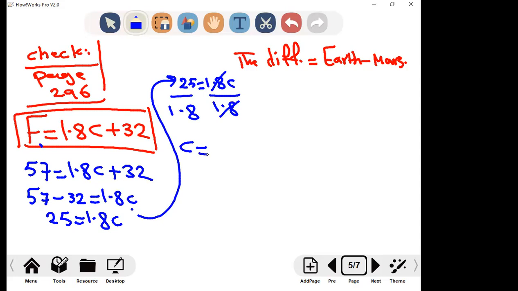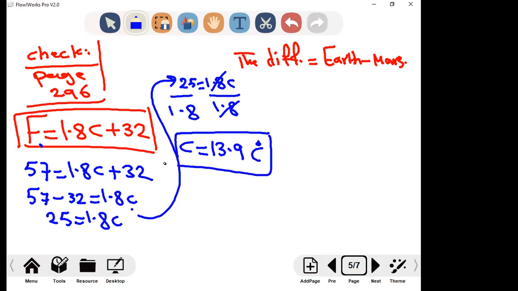It will be 13.88888 forever, so I will round it to 13.9. 13.9 degrees Celsius, right?